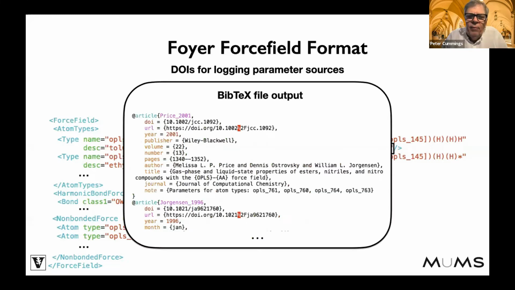We've also included in FOIA a code that, once you atom type a system, accumulates a BibTeX file containing all of the articles that define the parameters used in the force field you're using. So it's very convenient from a publication point of view.